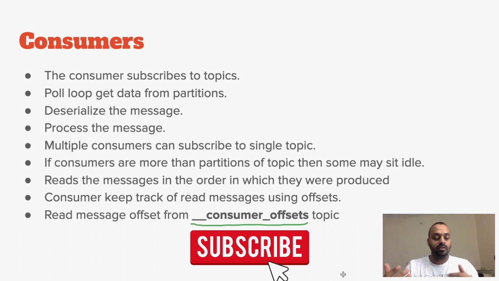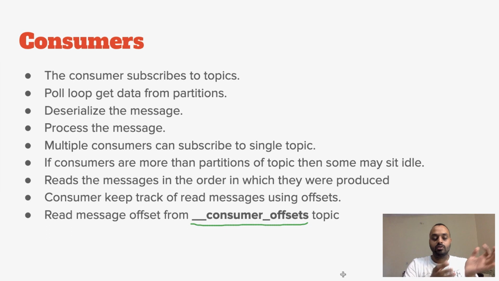The messages stored inside these partitions will be read in order by the consumers, and all of the consumers keep track of their read message offsets in the consumer offsets topic.